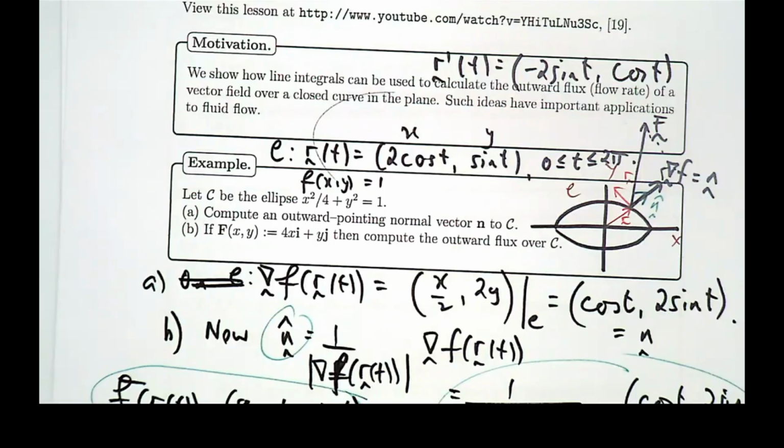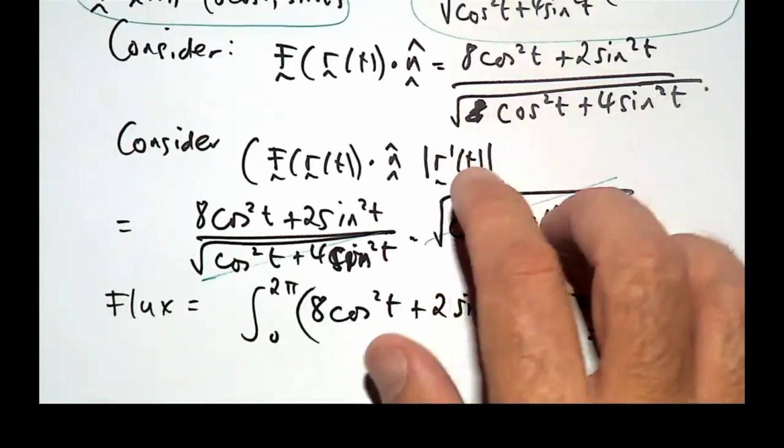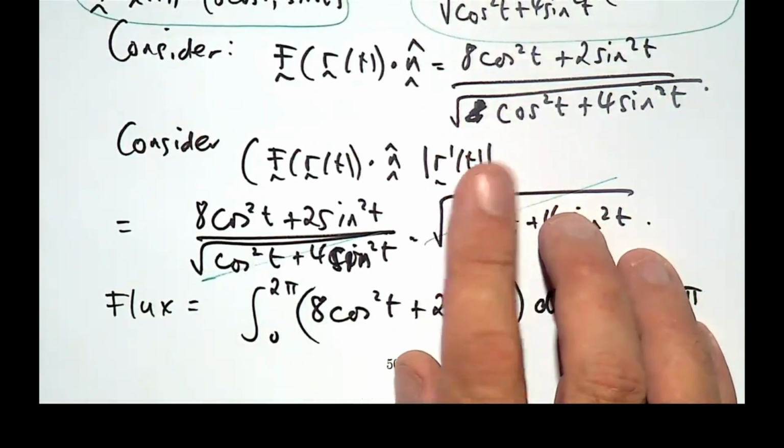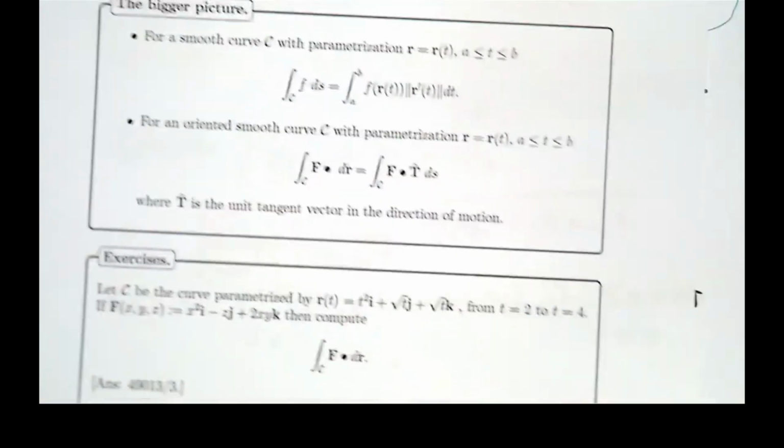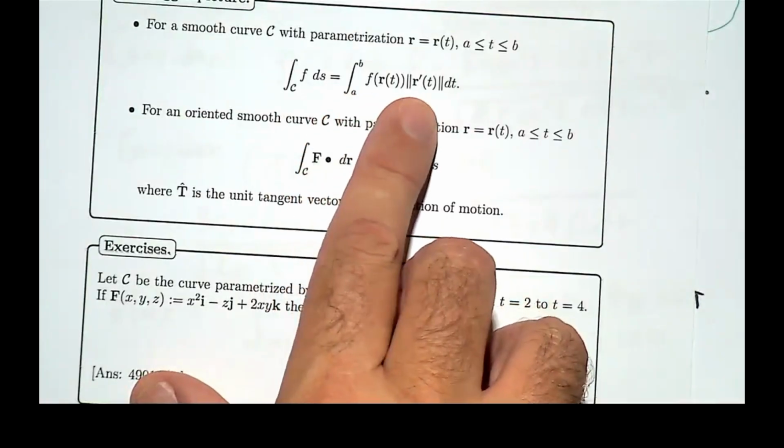Could you please re-explain the second consideration? Which one's that? Okay, good question. Where does this thing come from? I'm glad you asked. If we go back, see how it's there?